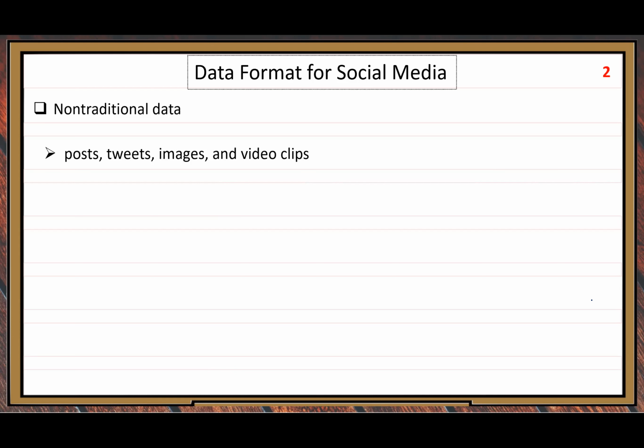Think about the data in posts, tweets, images, video clips, and URLs. Because when people use images and videos, they refer to the URLs of those images and videos.